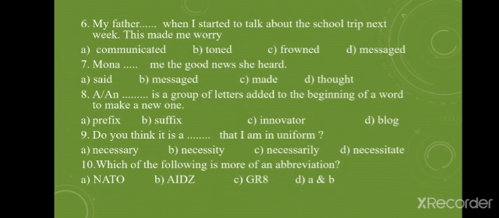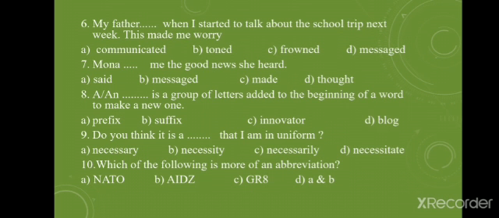Number 6, my father. When I started to talk about the school trip next week, this made me worry. Communicated, toned, frowned, messaged. 7. Mona me the good news she heard. Said, messaged, made, thought.